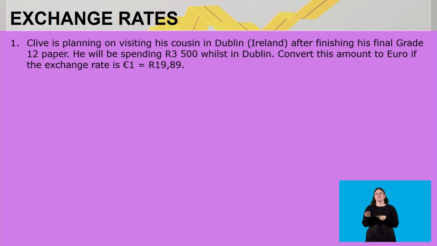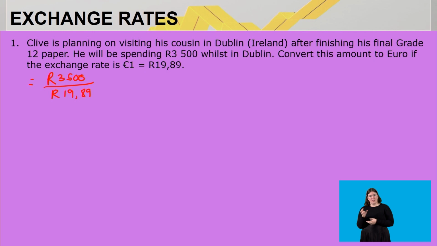Okay, so if you look at this, we can see that the euro is much stronger than our South African rand. So therefore I'll take my 3,500 and I will divide that by the 19 rand 89 cents to see what that will be in terms of euros. Okay, so let's type in 3,500 divided by 19.89.